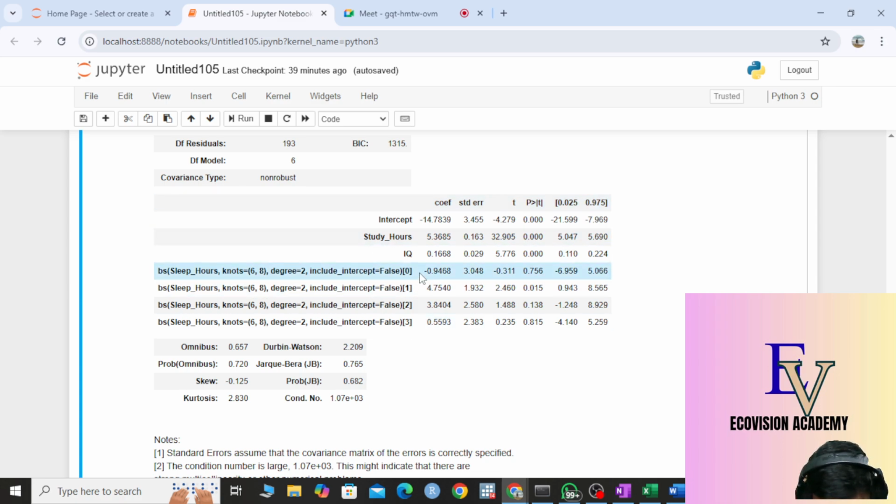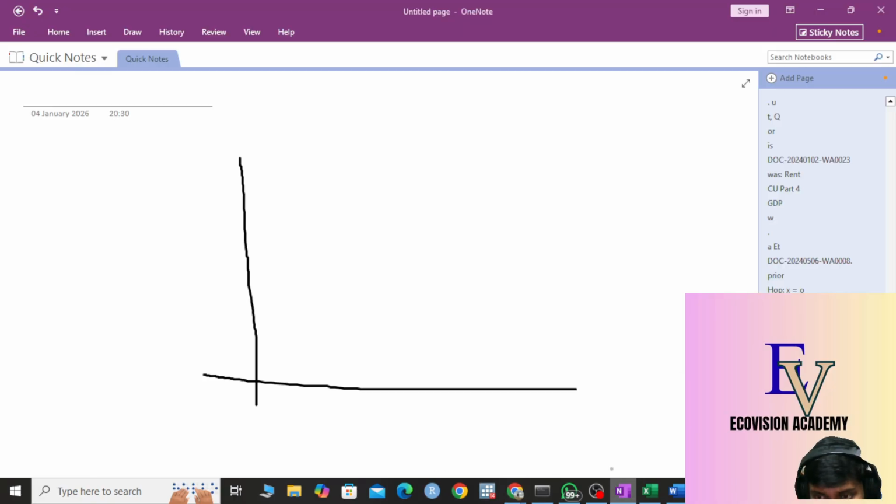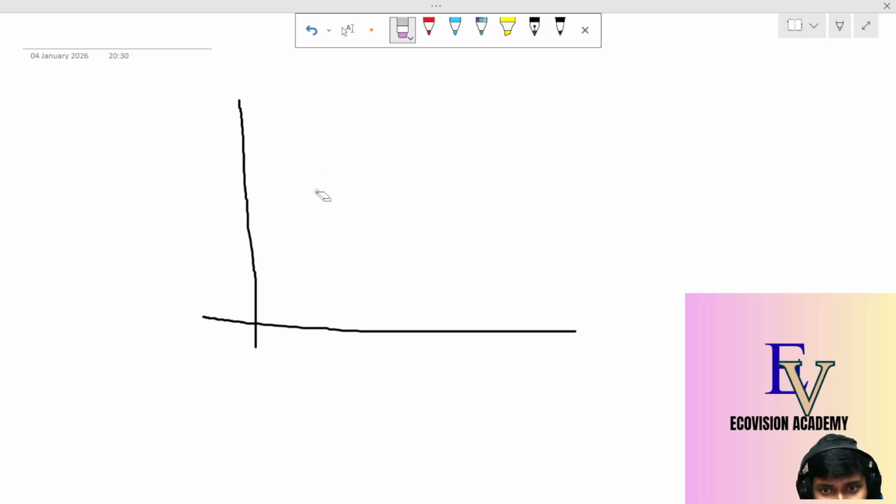What will be the slope for the first regression? It is negative, and the others are positive. So suppose the first one on the scatter plot, the regression line is like that, and the others are positive, positive, positive.